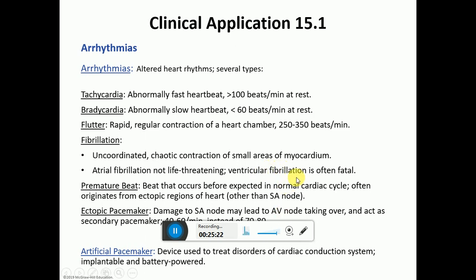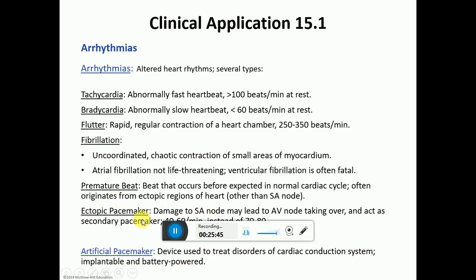That could lead to your VFib. You'd have to return that patient back to normal pacemaking or the normal heart rate. That could be through defibrillation or artificial pacemakers. Eventually, they would have to get an artificial pacemaker in order to prevent that from reoccurring.